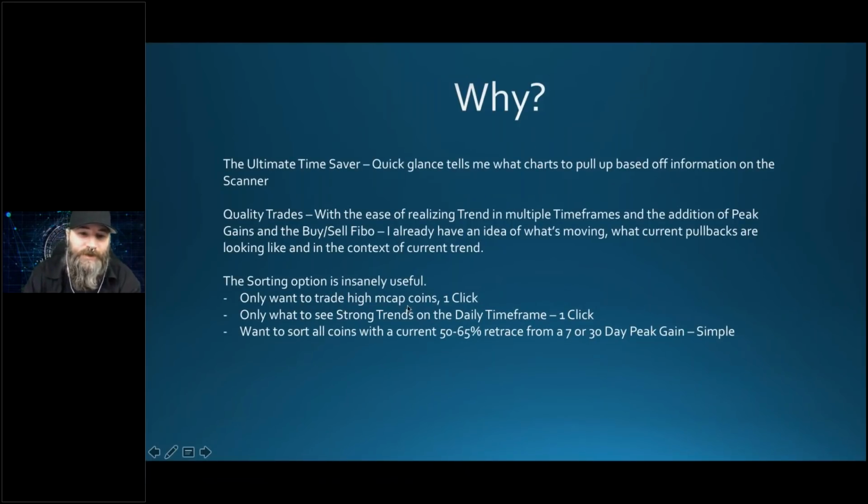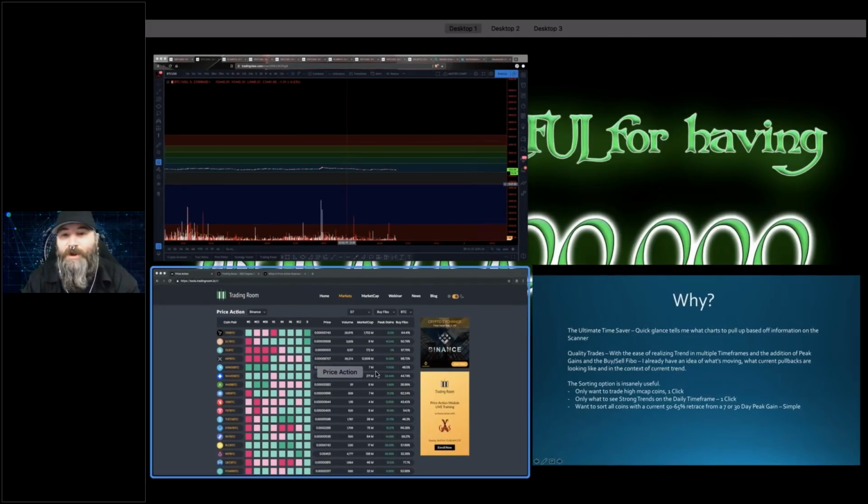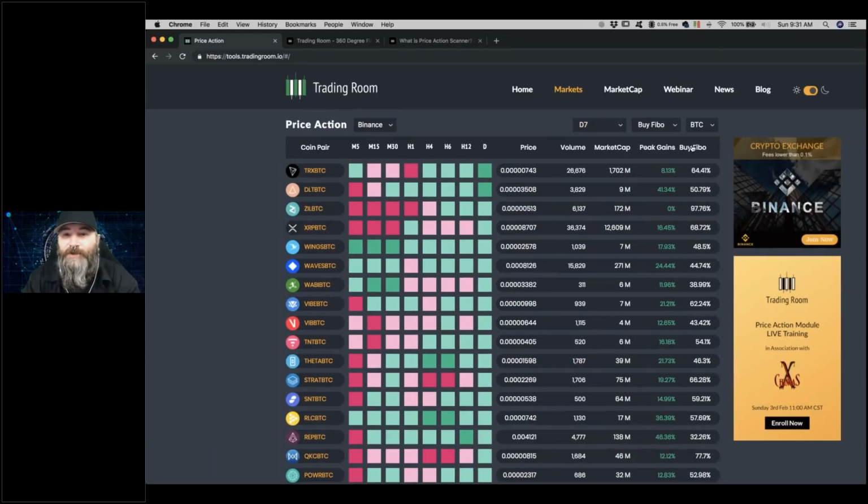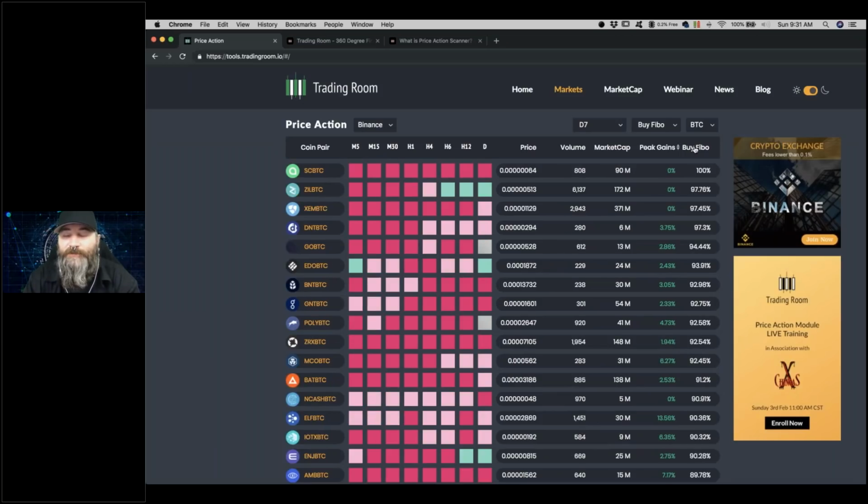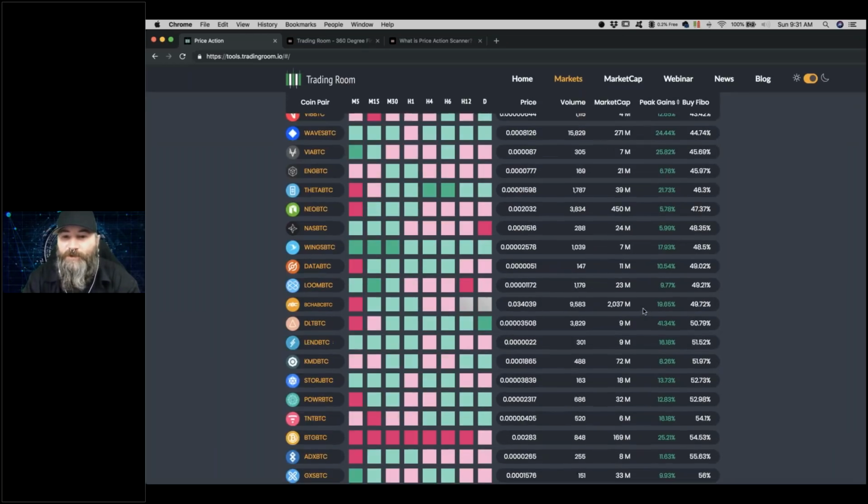And like I said here, right? So you only want to do high market cap coins, that's one click, right? You only want to see strong trends on the daily, no problem. Okay. You want to sort all the coins with a current 50 to 65 retrace in a 7-day period, no problem. Let's just say you sort by the Fibo, right? And then from here you scroll down.